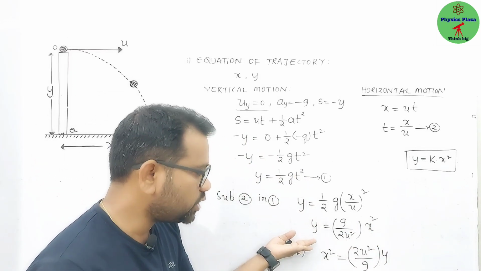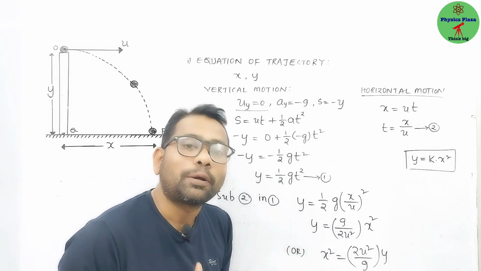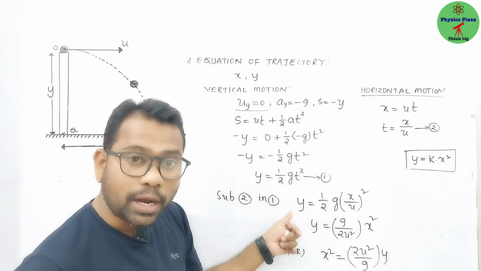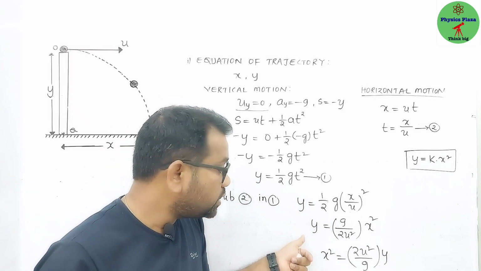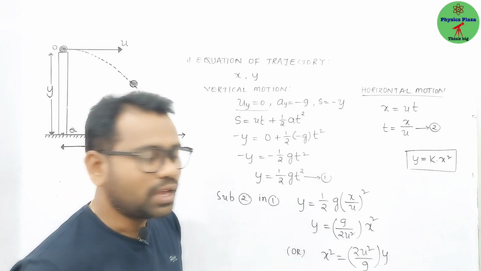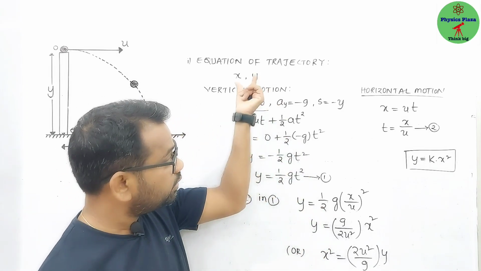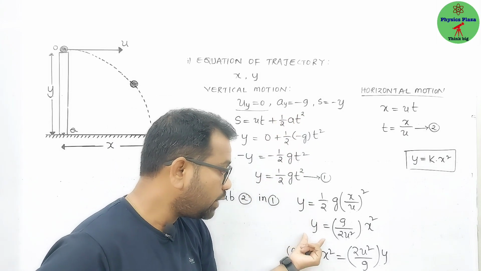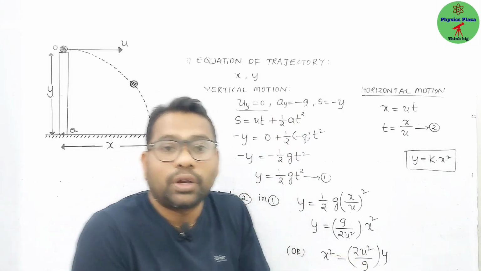Children, this equation is nothing but the parabola equation. It is the equation of a parabola, symmetric about the y-axis. Very important. Hence we derived the equation of trajectory, and we got an equation similar to the parabolic equation.